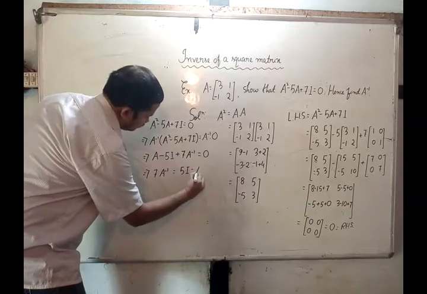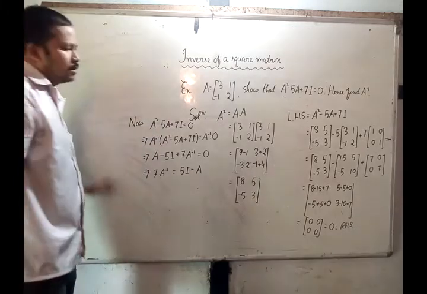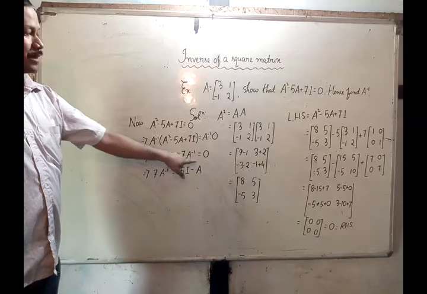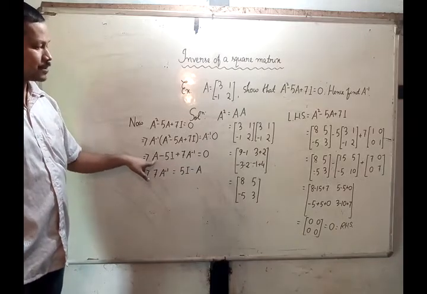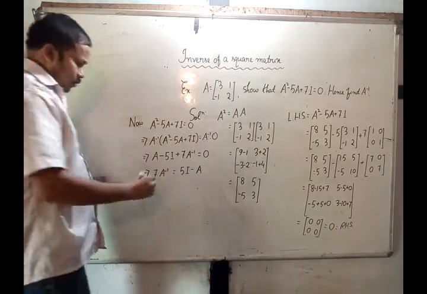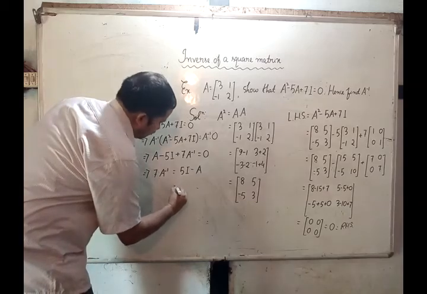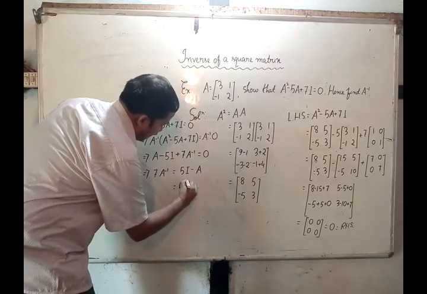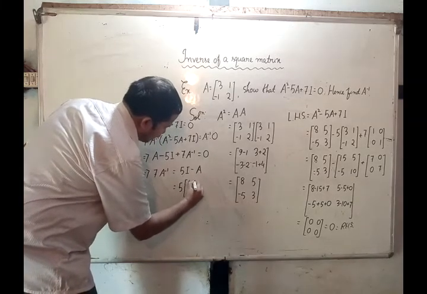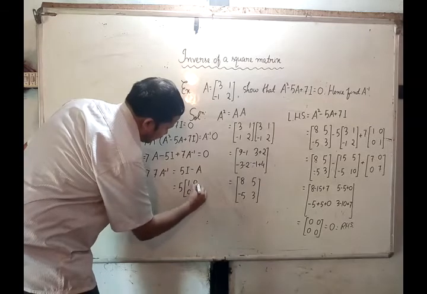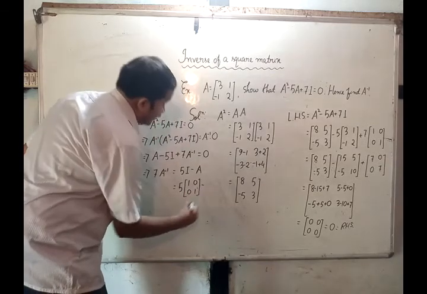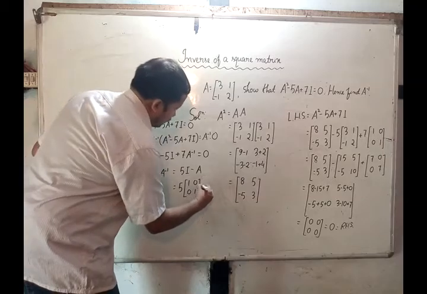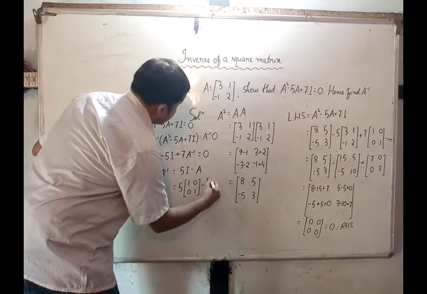5 transfer to minus 5I becomes 5I plus 3 becomes minus 6, equal to 5 times I, the square matrix 1, 0, 0, 1, minus A, the given matrix 3, 1, minus 1, 2.